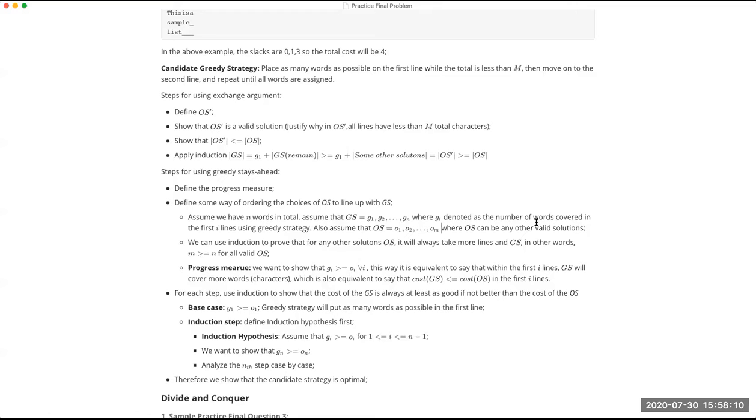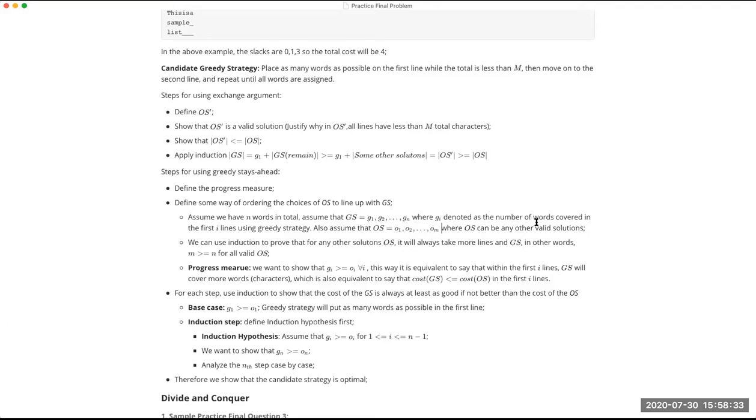using the greedy strategy. And we also assume that OS is O1, O2, up to OM, where OS can be any valid solution. So O1, O2, OM is the number of words that has been covered using another solution in the first I lines.